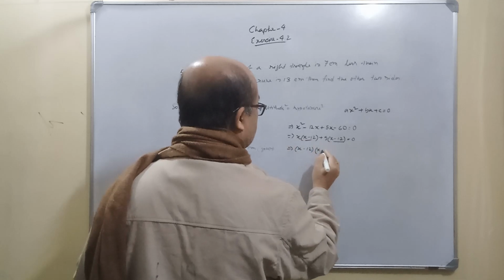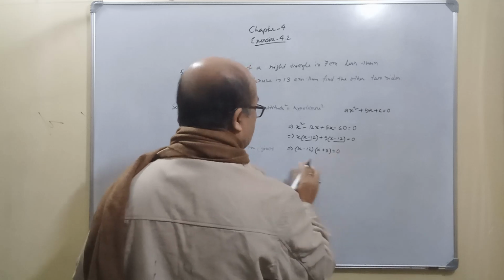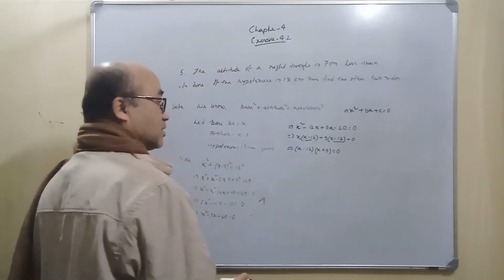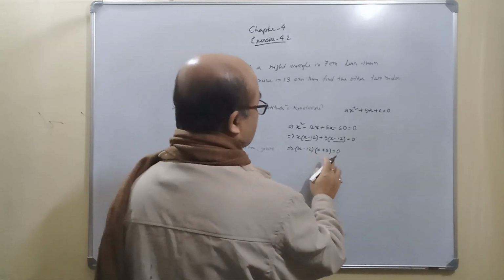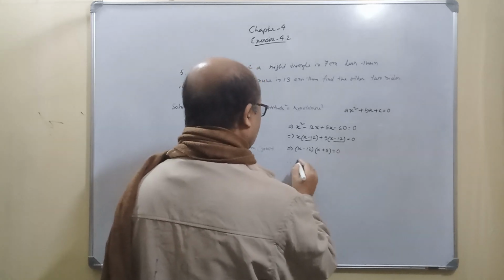Then remains x, and here x plus 5. So we get two linear factors, x minus 12 and x plus 5 equal to 0.